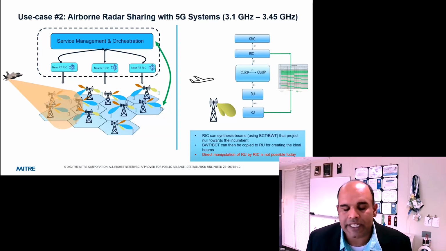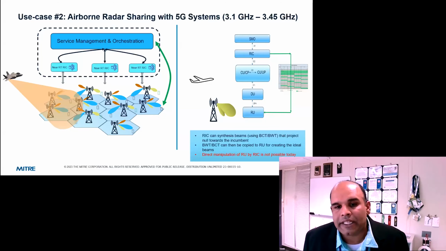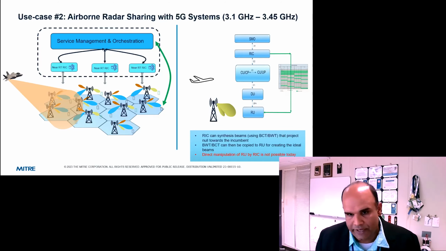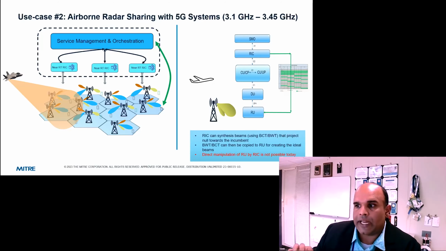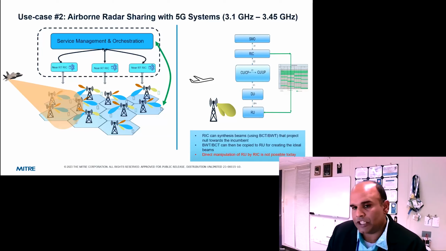On the right-hand side, you can see that the ideal beam that the RIC has synthesized has no side lobe towards the aircraft. This ideal beam is characterized by the beam width table, beam weight tables, and beam characteristic table that can be directly injected into the radio unit, so that it can manipulate all the beamformers and so on.